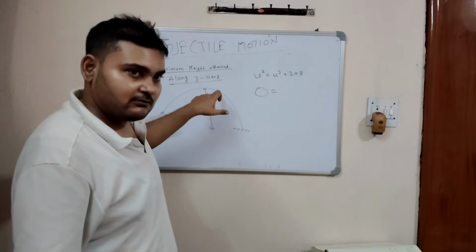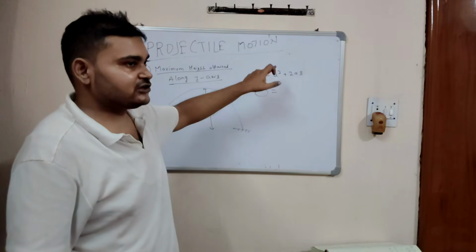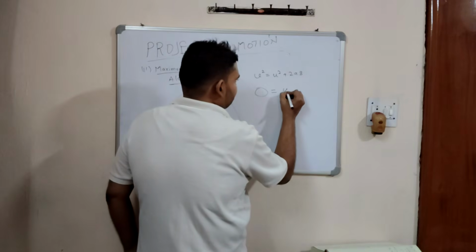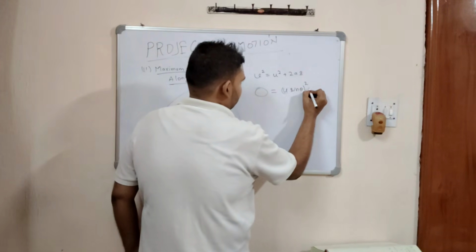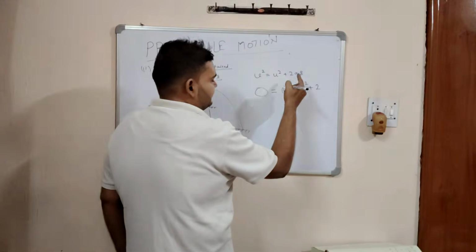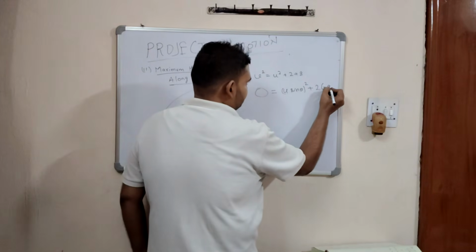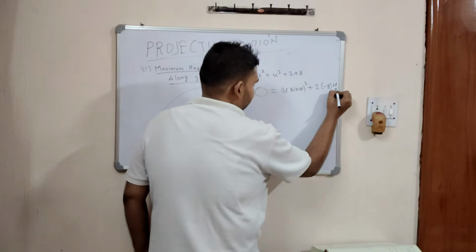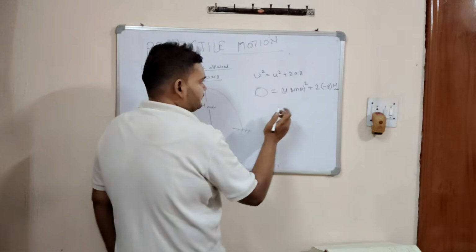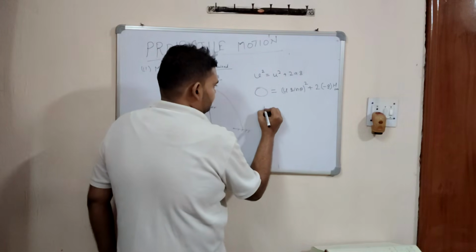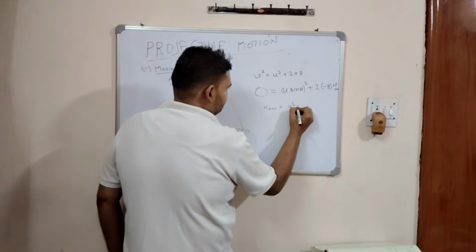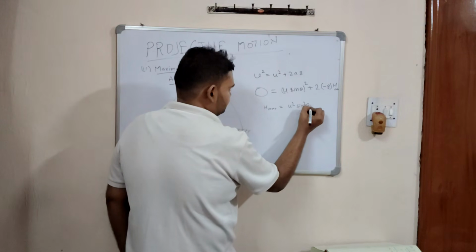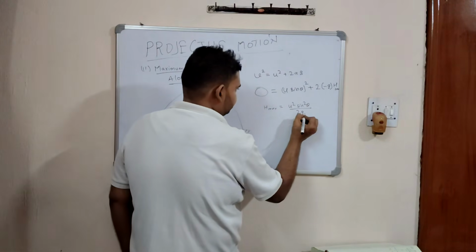We are considering motion along the y-axis, so u is the initial velocity along the y-axis. So we'll write u as u sine theta, whole square, plus 2 times the acceleration, which again here becomes minus g, times h max. So after calculating, you can simply write h max as u square sine square theta by 2g.